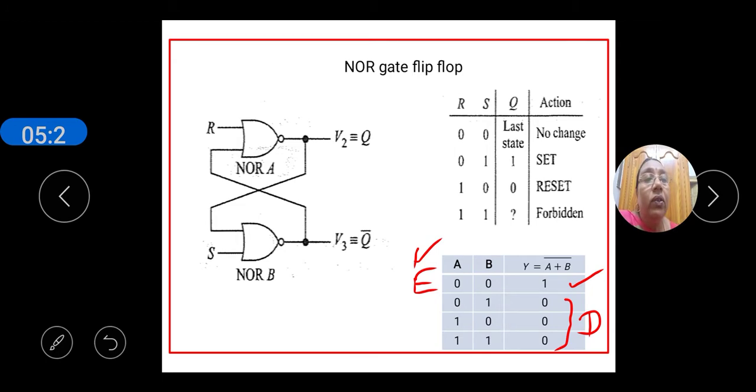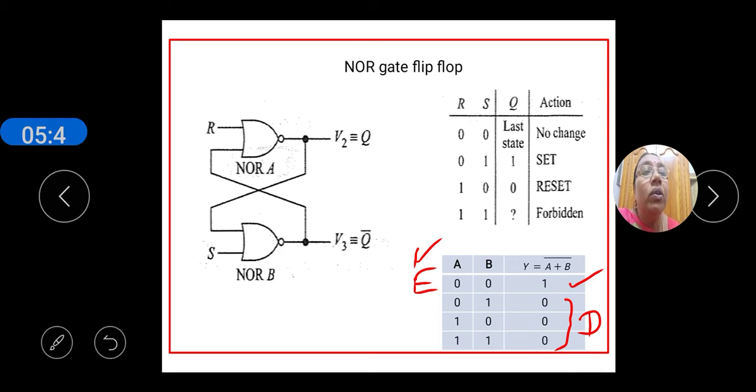So whenever you start explaining the function of a flip-flop, you have to know when a NOR gate is enabled and when a NOR gate is disabled. When any one of the inputs of any NOR gate is 1, you can immediately say that that NOR gate is disabled. Only when both the inputs are 0, that NOR gate is enabled.